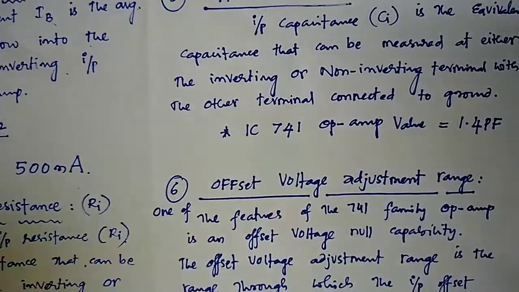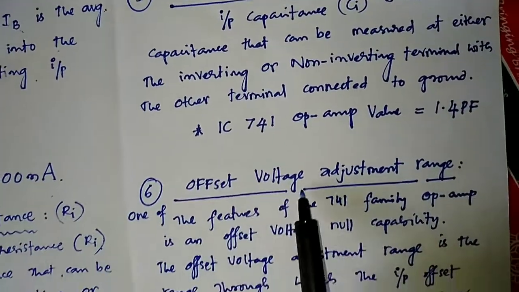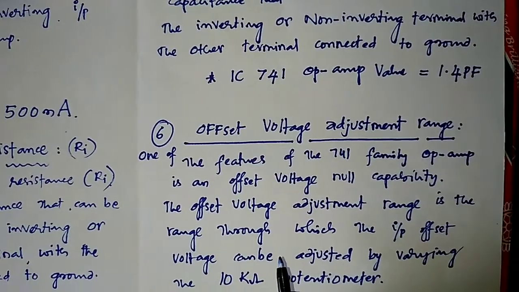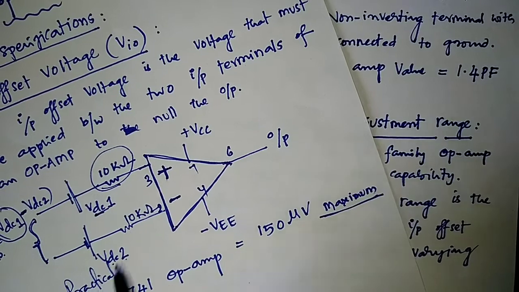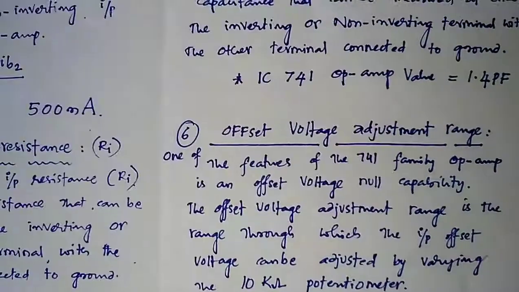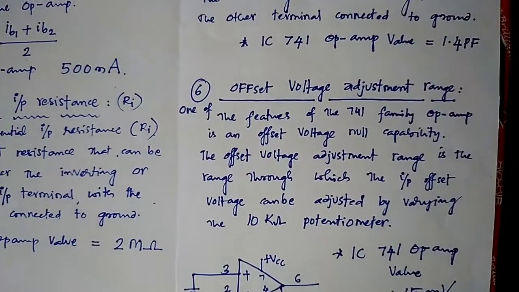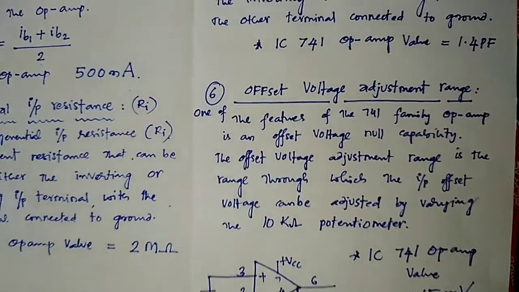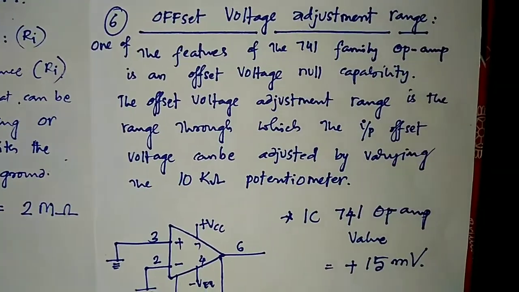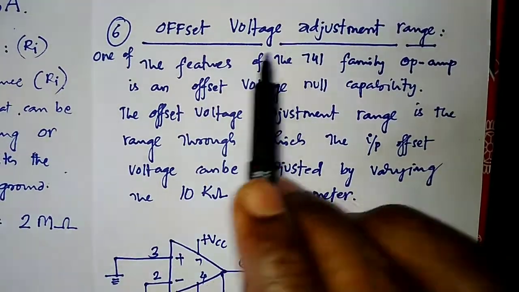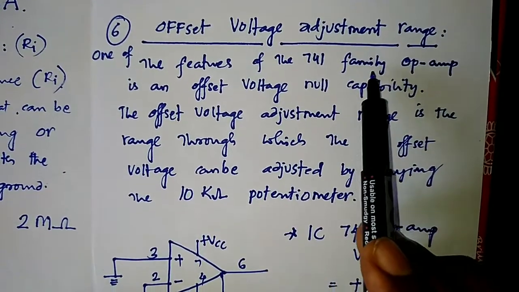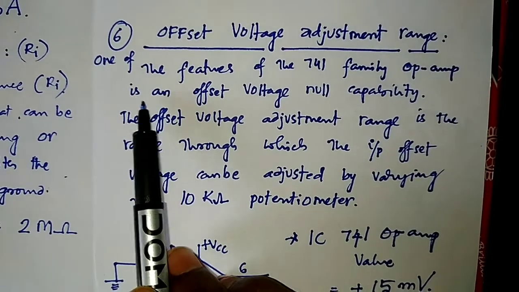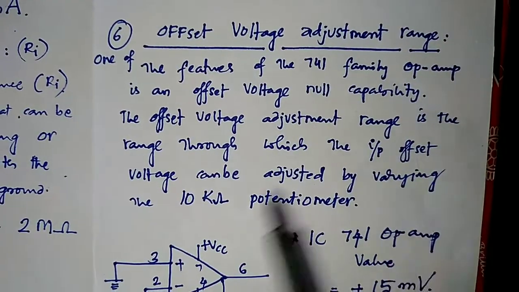The sixth parameter is offset voltage adjustment range. We have offset voltages like VDC1 and VDC2. With the help of a 10 kilo ohm potentiometer, you can vary the offset voltage adjustment range. One of the features of the IC741 family of operational amplifiers is an offset voltage null capability.